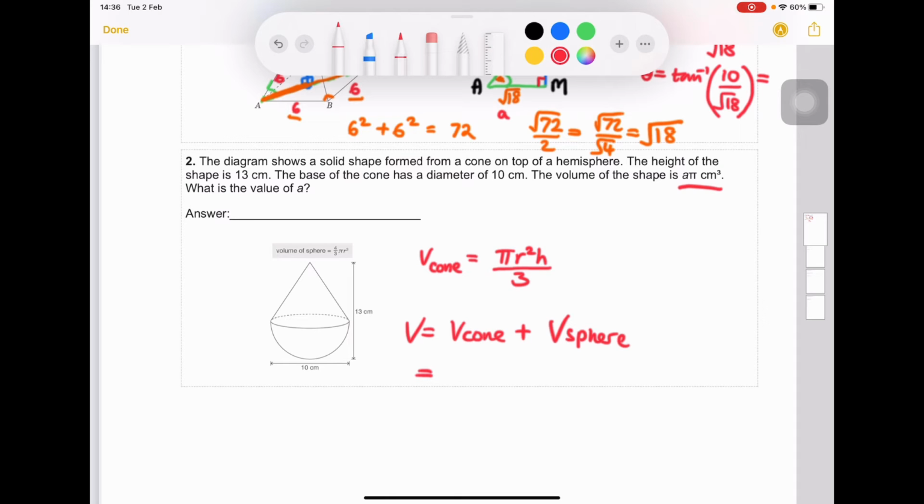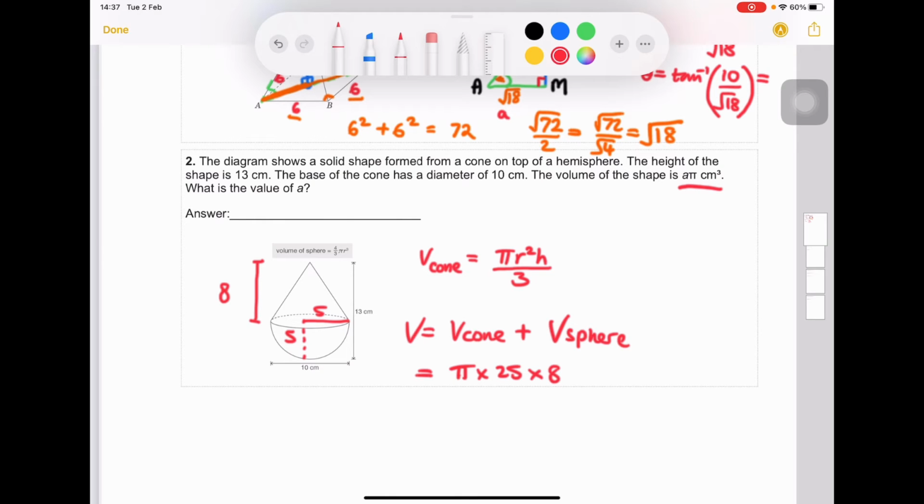Volume of cone is pi r squared, so the r is 5. So I'll write multiplied by 25, multiplied by the height, which is, so if this is the radius, the height of just the cone will be 13 take away 5, so 8 centimeters.